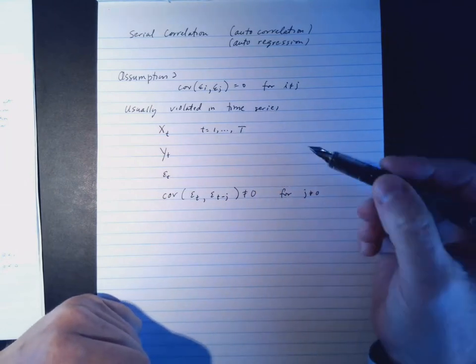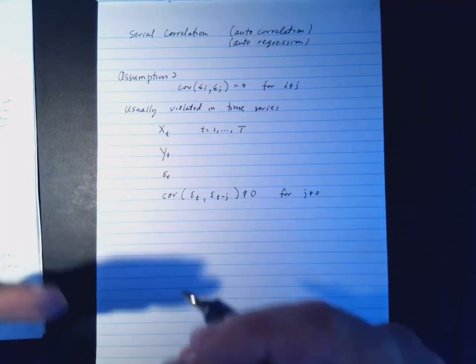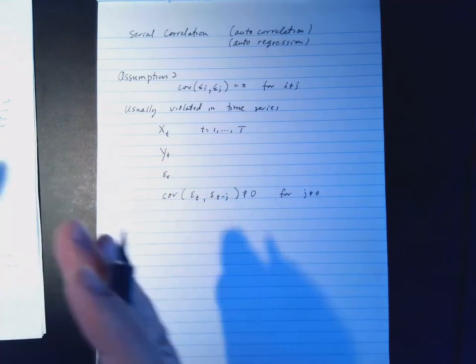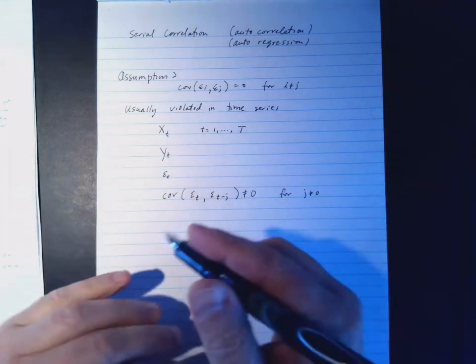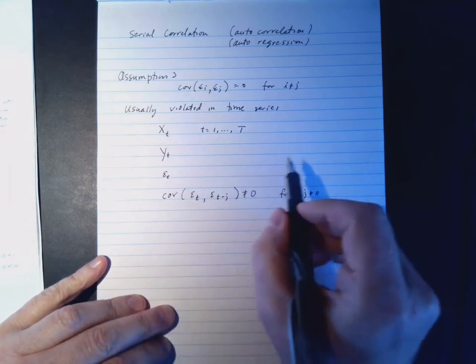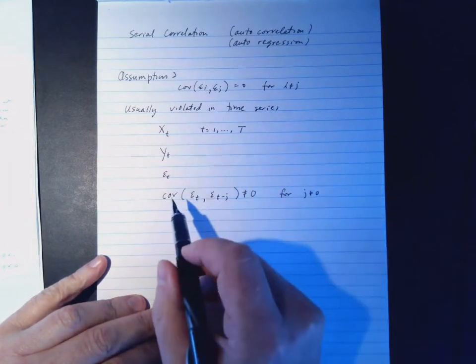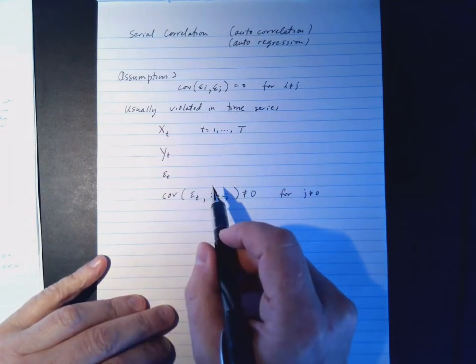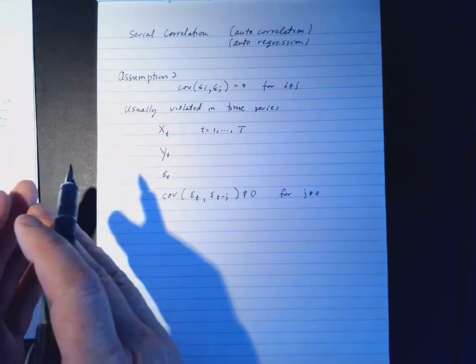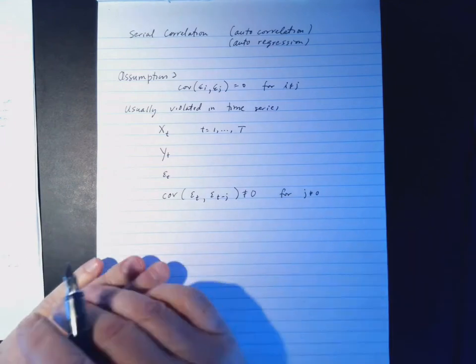And in economics, we often use time series data. So you have gross domestic product for 1981, 1982, 1983, and so forth, price indexes, and all the rest. And so when you have data that's ordered in time, it makes perfect sense to think that there are going to be patterns that are correlated over time.